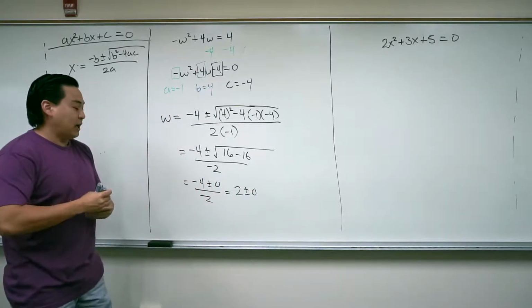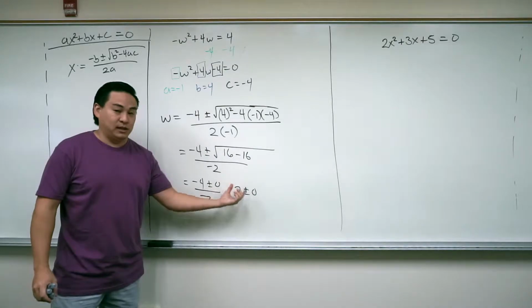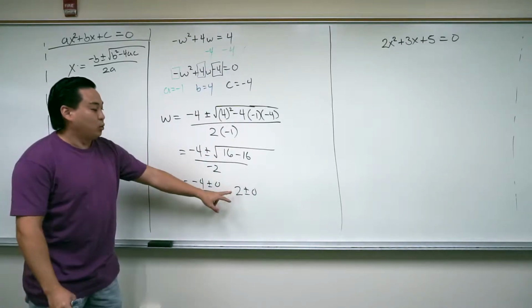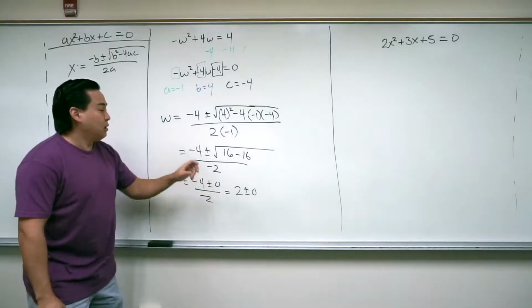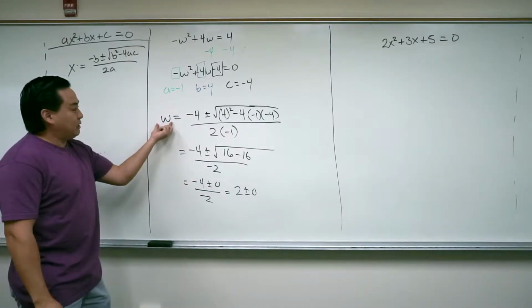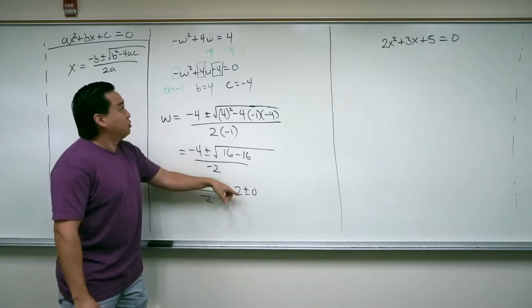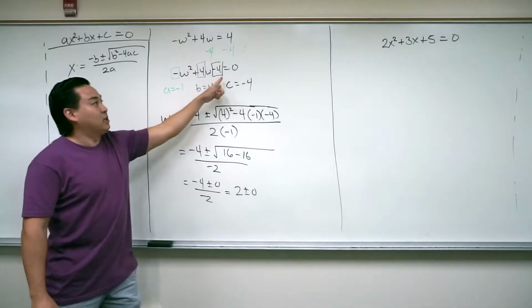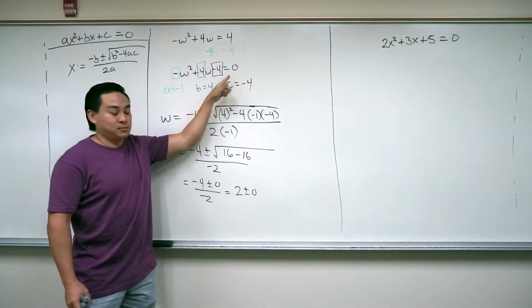So again, we have the root 2 plus or minus 0, so it happens twice. So you have a multiplicity of 2 with a root of 2. Now notice again, it says that the input w equal to 2 will make this equation true, or if we plug it in here, it'll give you an output of 0.